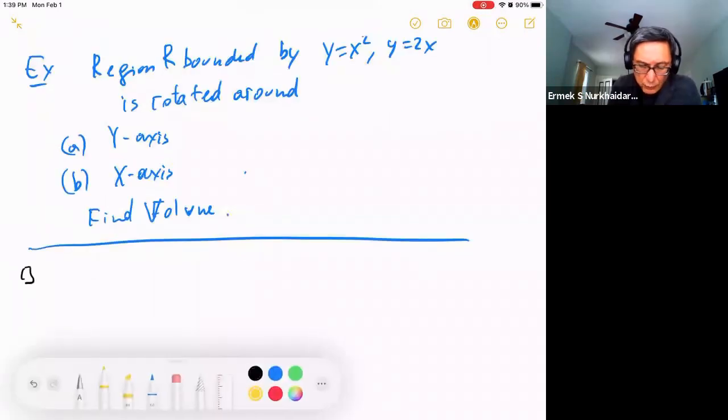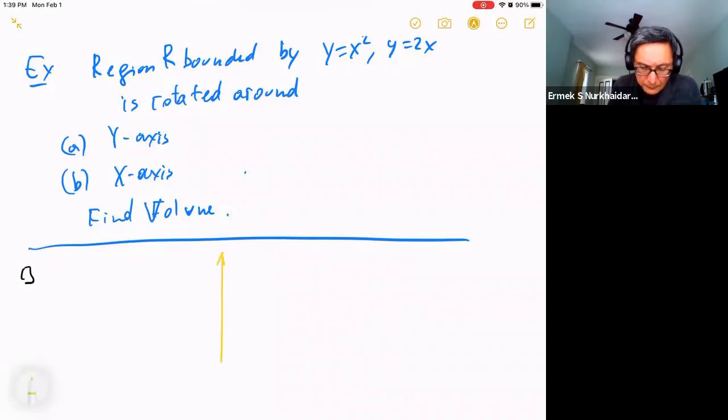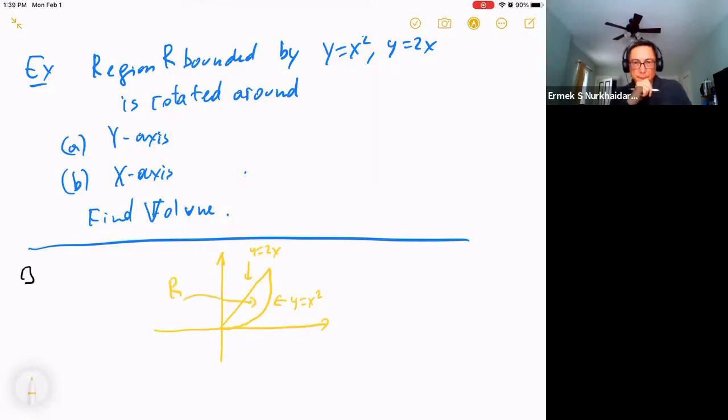First thing I will do, I'll draw a graph. I'll draw the region, y equals x squared and y equals 2x. So that's the region R. And for the intersection points, we have 2x equals x squared, so we get x equals 0 and x equals 2.